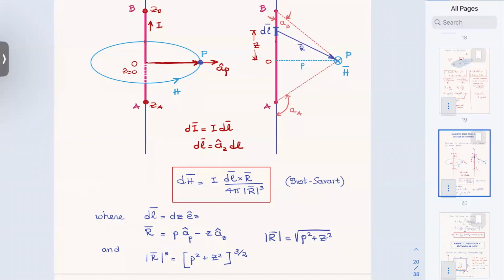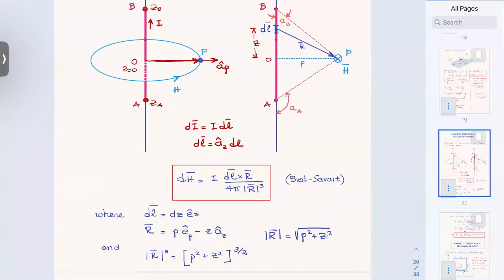So this vector has a value of rho along the radial direction, and then has a component z along the z direction.